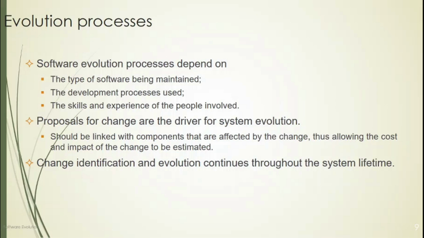And skills and experience: the people who were involved in developing the application should be maintained for the evolution process, or at least one or two of them have to be there.